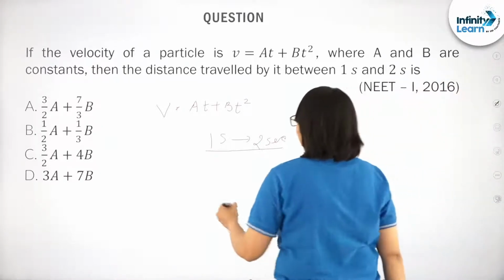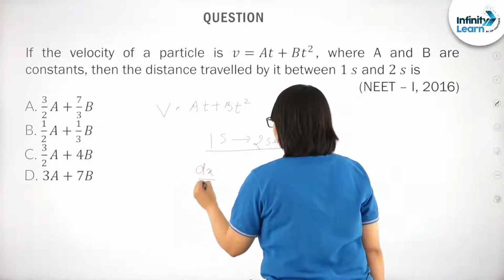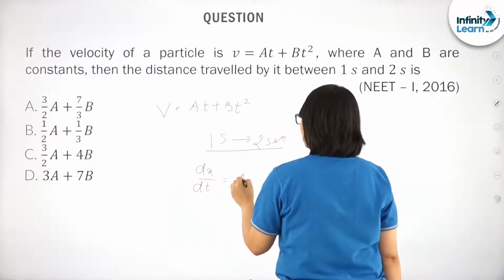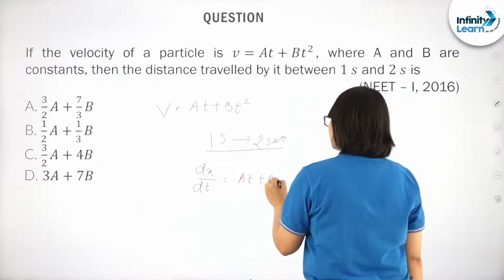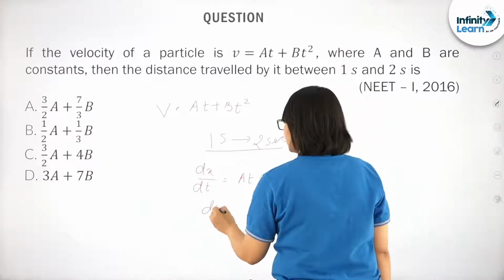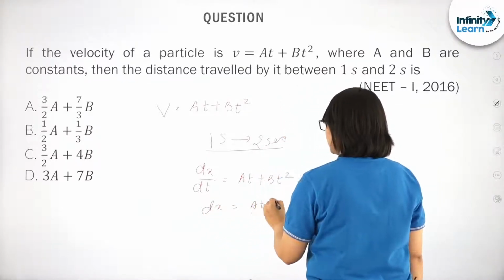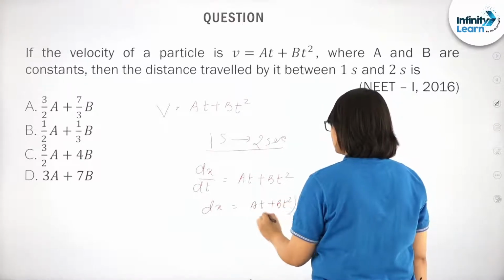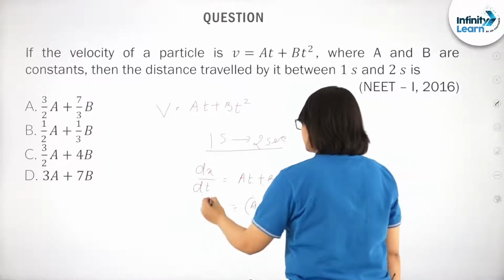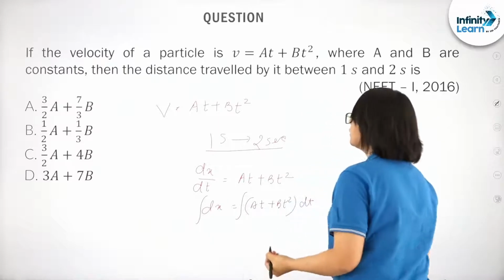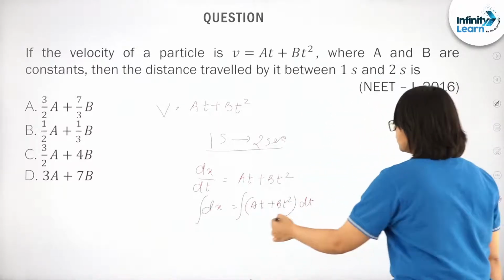So basically v is given as dx by dt, so it will be at plus bt square. So dx will be (at plus bt square) dt. If you integrate this value, you'll get the value of distance from 1 to 2.